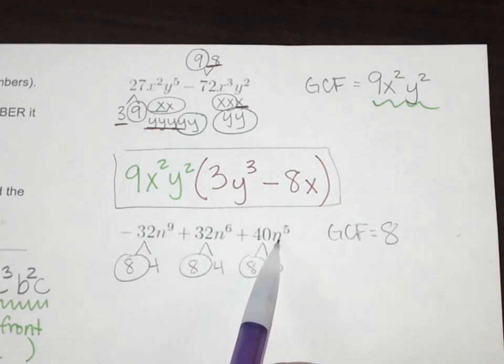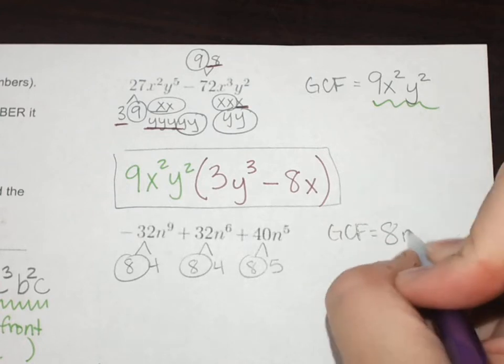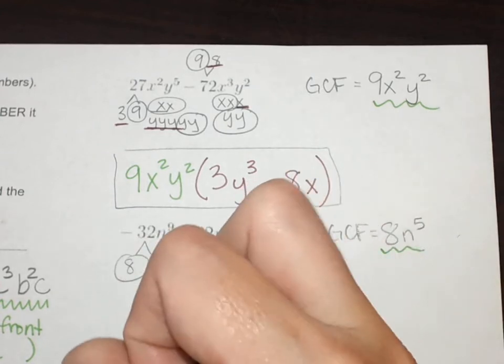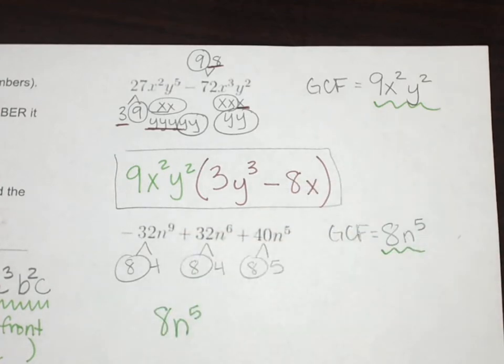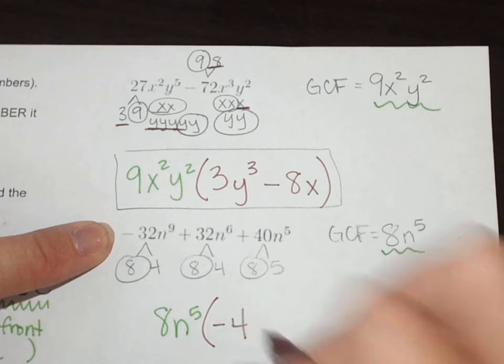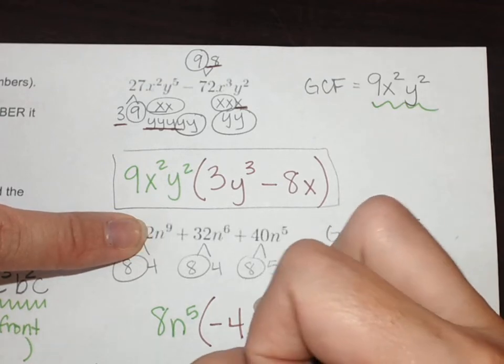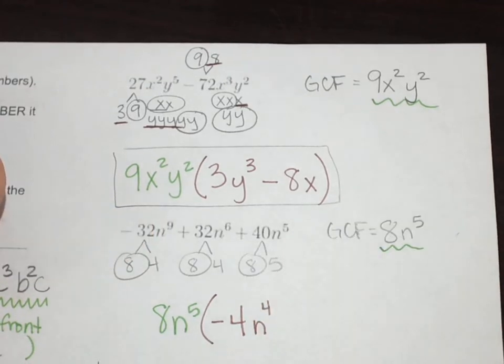So if I have a maximum of 5 n's that I take out for my greatest common factor, so I have 8n to the 5th, and I have a negative 4 in my parentheses. Now, n to the 9 and n to the 5. 9 minus 5 is 4. So I have 4 n's left over.